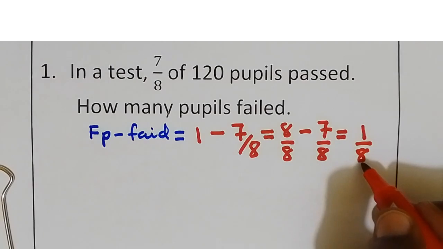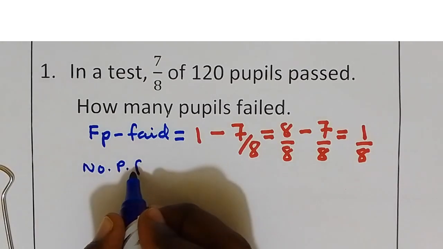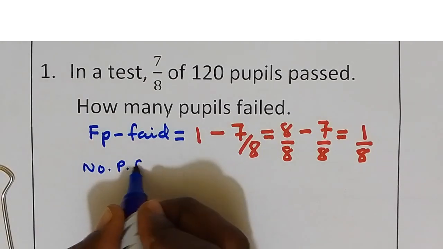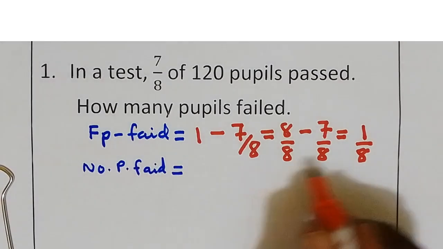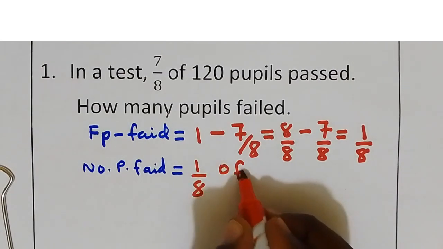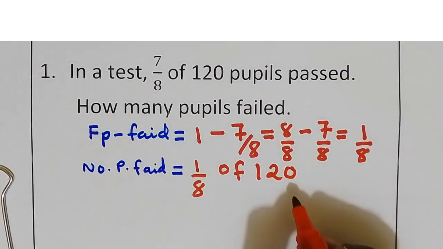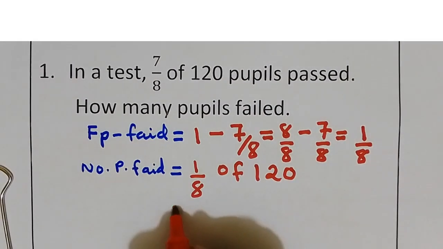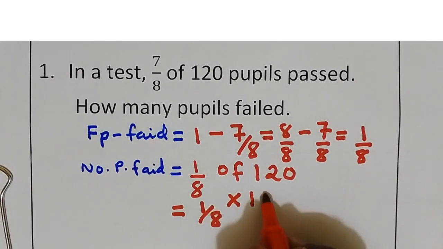Now we need to know 1 over 8 is equal to how many pupils? Number of pupils who failed is equal to 1 over 8 of the total number of pupils, which is 120. 1 over 8 of means we multiply by total pupils, which is 120.